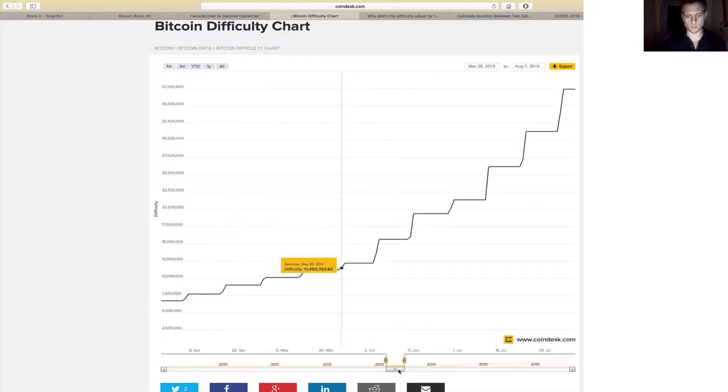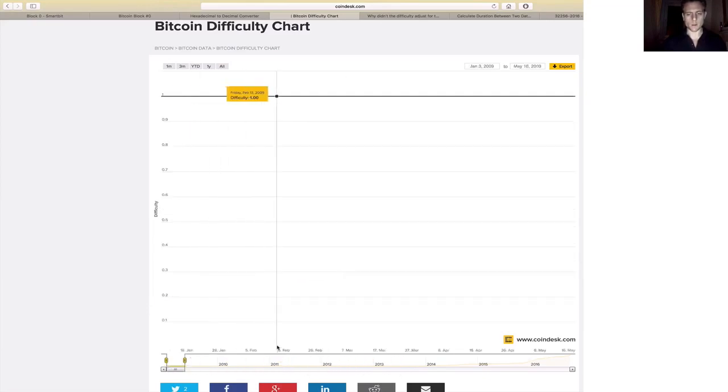I'll just go back. But what we saw is that the difficulty stays at 1 during most of 2009. Now we know that every 2 weeks, every node on the Bitcoin network is recalculating the next appropriate hash target to set for the next 2016 blocks, such that we tend towards an average block time of 10 minutes.